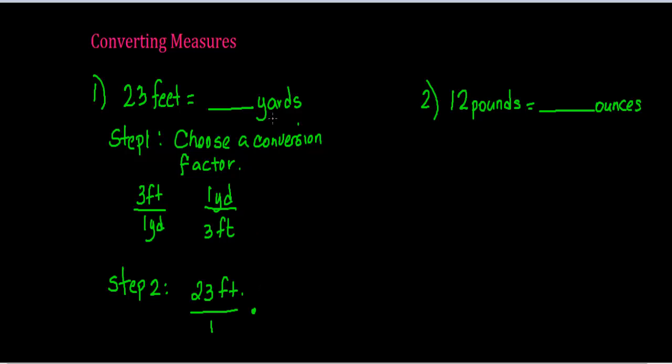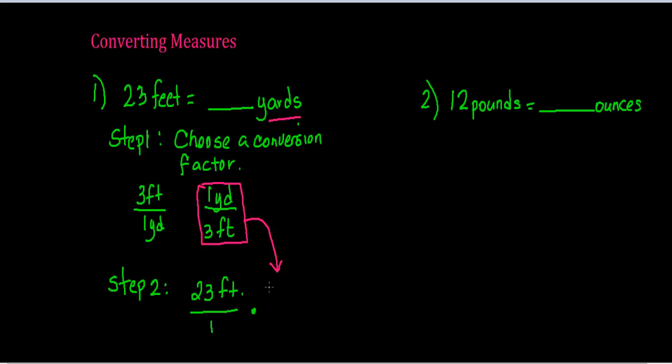So that unit that I want to end up with is the unit that should be on the top of the conversion factor that I choose. So if I want to end up with yards, I would have to choose this conversion factor, because it has the units yards at the top, or in the numerator. So I use that and I multiply it times the number they gave me.